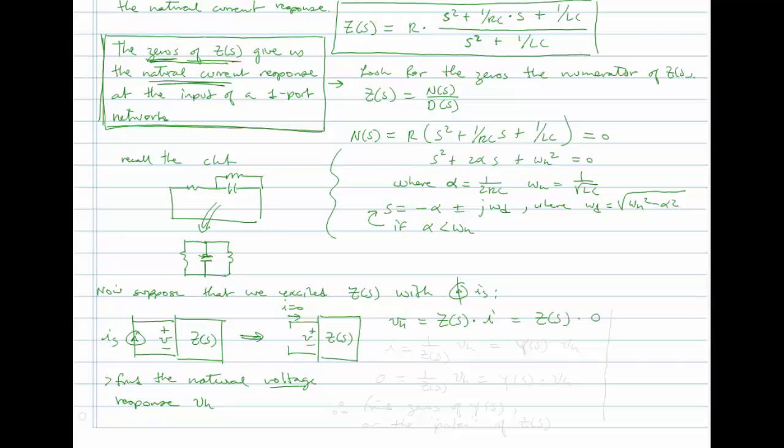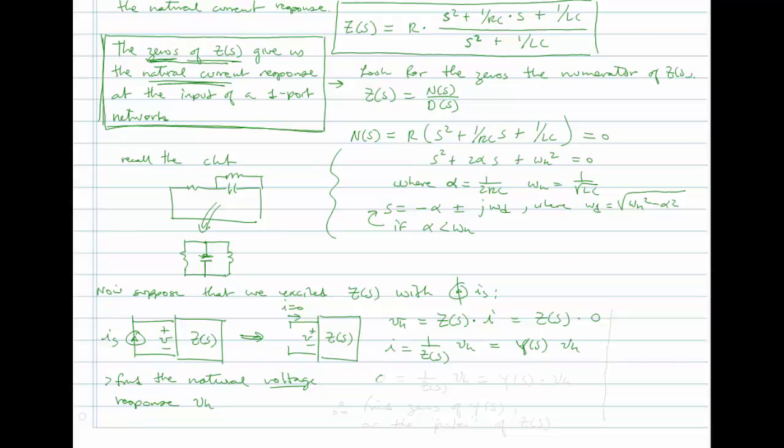Or we could write it this way: I is equal to 1 over Z times VH. Or in other words, it's equal to Y. Remember the admittance, which is 1 over Z, just like G is 1 over R, the resistance. Okay?